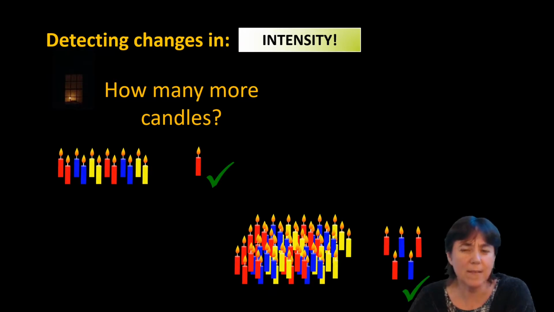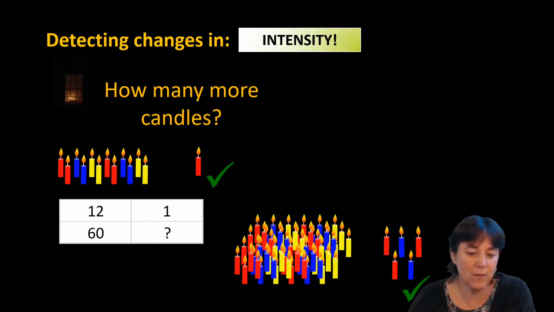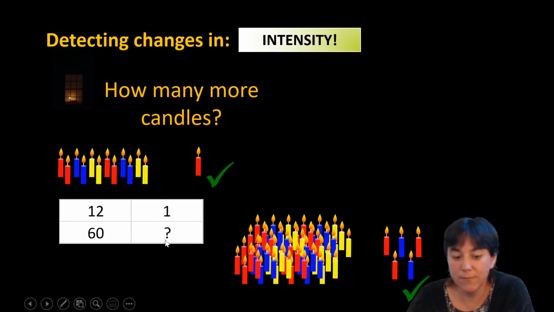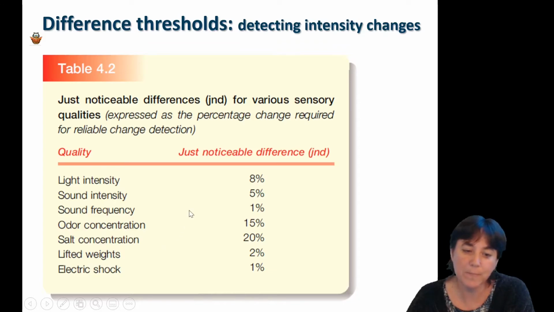So what is this? It's a simple percentage. It's a fraction. 12 to 1 equals 60 to 5. Easy as that. And we call this difference threshold, our minimum of when we actually can detect intensity changes.